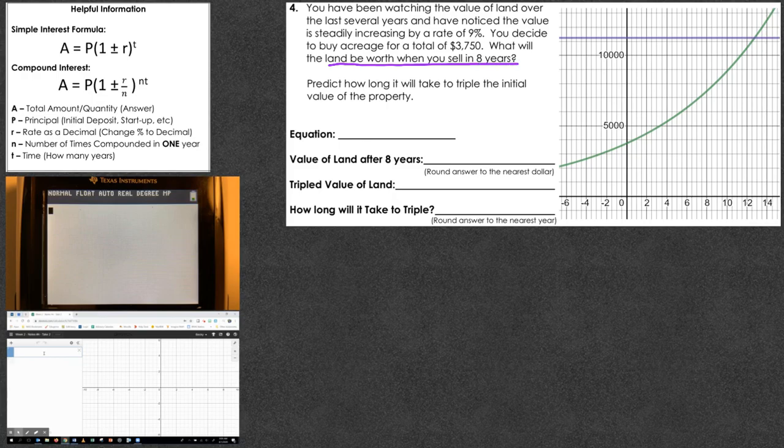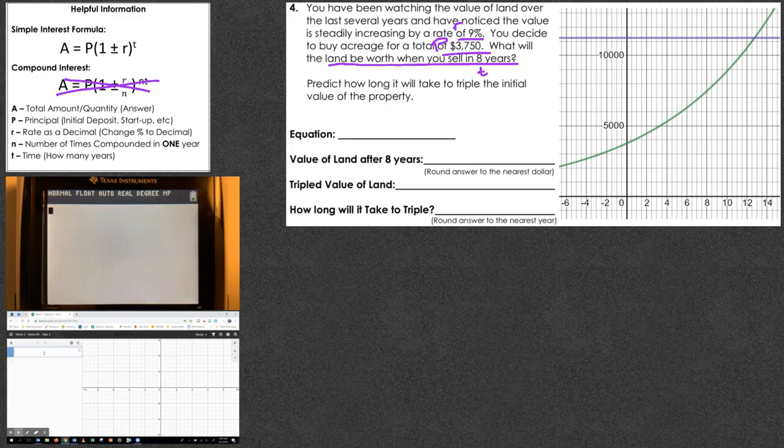So we know 8 years is going to represent our time. We are not using the compound formula here, so we're going to mark that one off. And then we have a rate, it looks like a rate of 9%. We're going to buy our acreage for $3,750, so that'll be our P. And since we're talking about increasing, that'll be our plus. So let's go ahead and create our equation and change our rate.